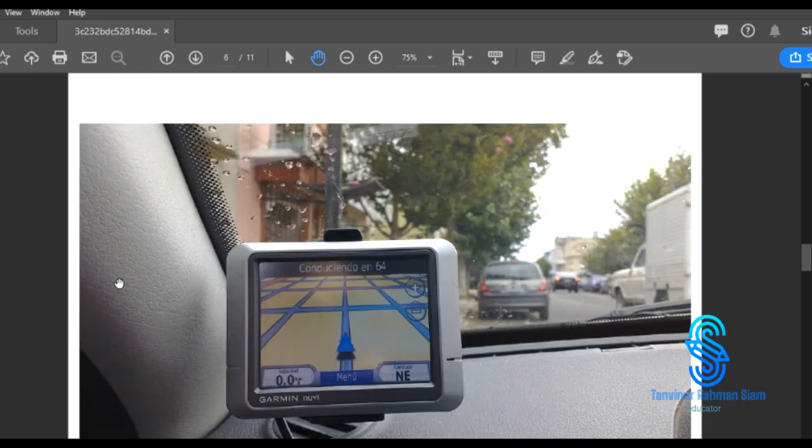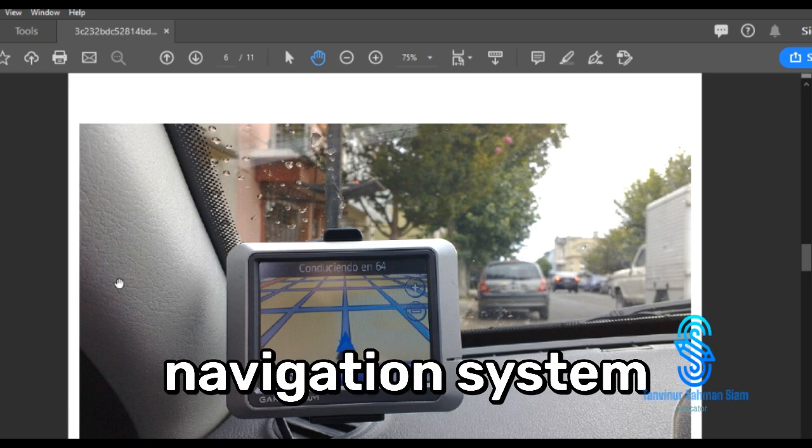After that, we are proceeding to another image or slide. We are visualizing an indoor car scenario, and there is a monitor or screen. It's showing navigation, right? So we are now using a navigation system.